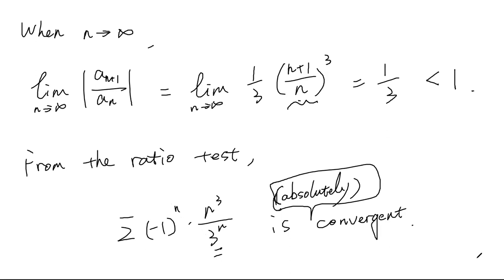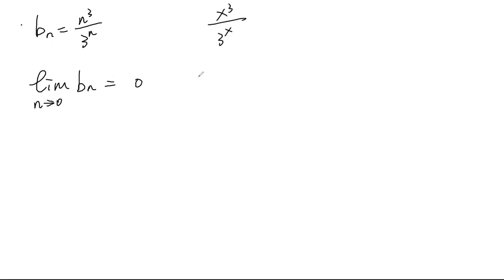If you are using alternating series, you have b_n equal to n cubed divided by 3 to the n. And then you want to show the limit of this b_n is equal to 0, which I believe you can do with x cubed divided by 3 to the x and L'Hopital's rule, but you have to use it like 3 times.